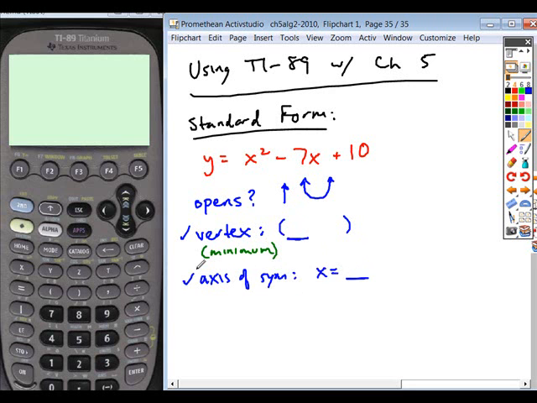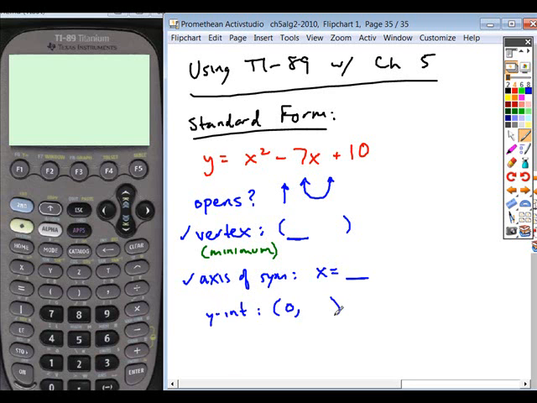And then the final piece of information I'm probably going to ask you regarding standard form is, what is the y-intercept? Okay, so if you're looking for the y-intercept, you always know this portion of it. In a y-intercept, you're always going to have an x-coordinate of 0. And the nice thing is, in standard form, it gives it to you, right?